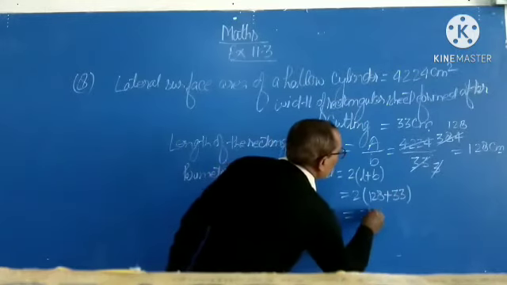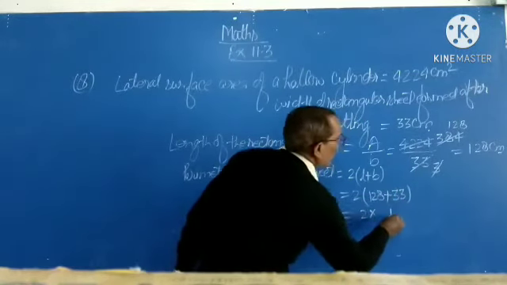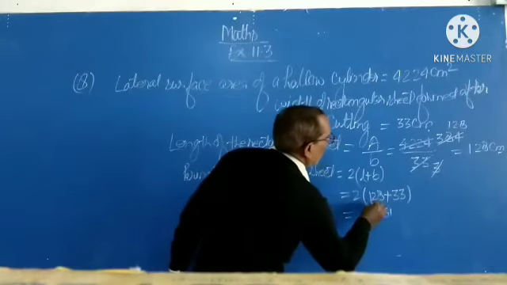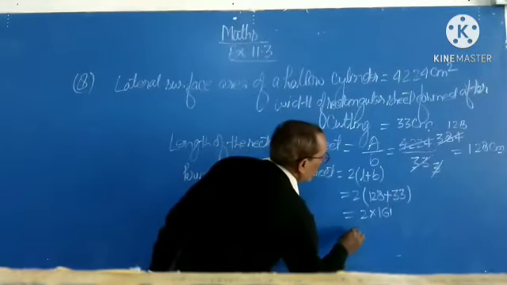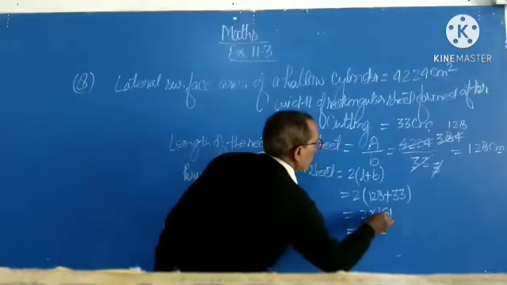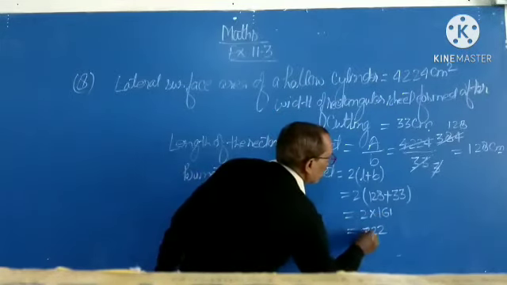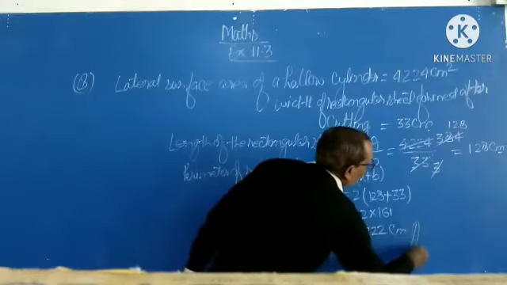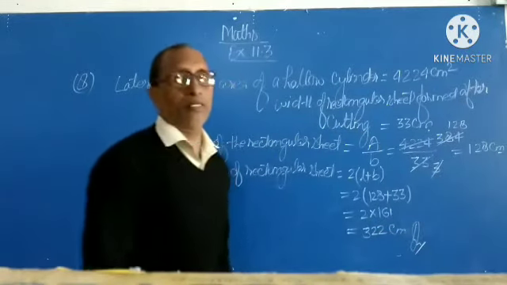You get 2 into 161. You multiply it. 2 ones are 2, 2 sixes are 12, 2 ones are 2 and 1 is 3. 322 centimeter. It is your answer.